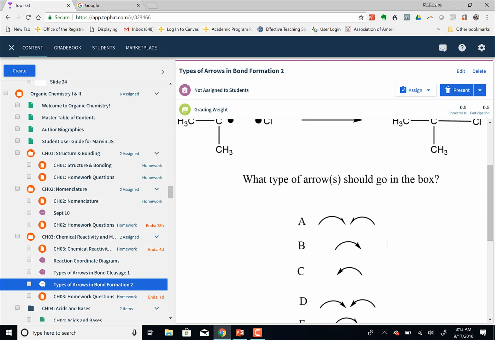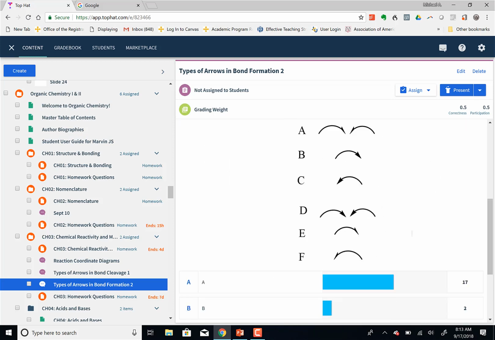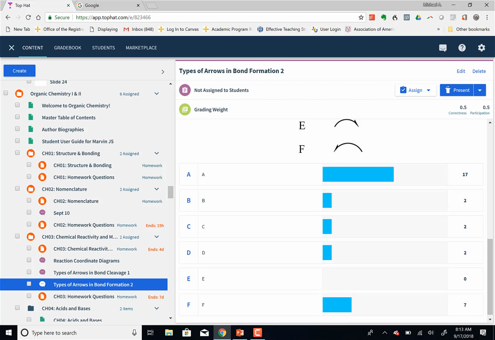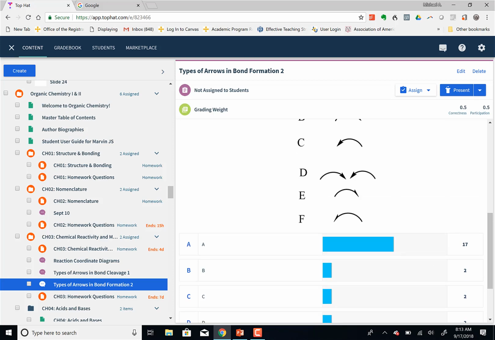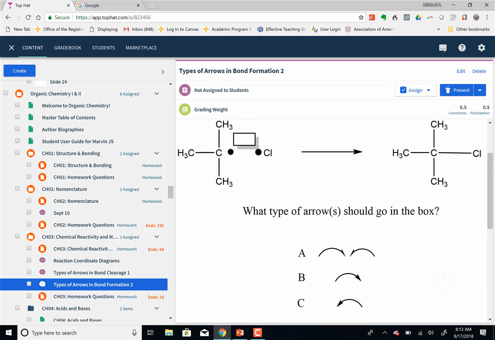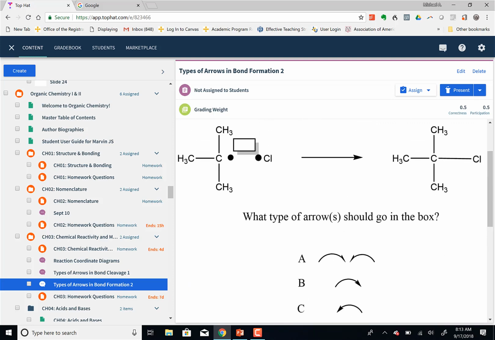And so we have those choices, and A was the most popular answer at 17. Okay, so A, so what's happening is the carbon's donating its unpaired electron, the chlorine's donating its unpaired electron, and we're forming the carbon-chlorine bond, so A with half arrows.